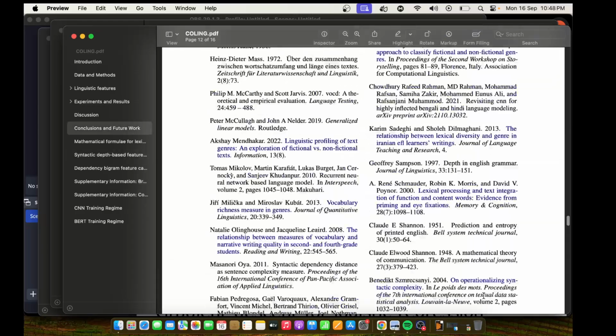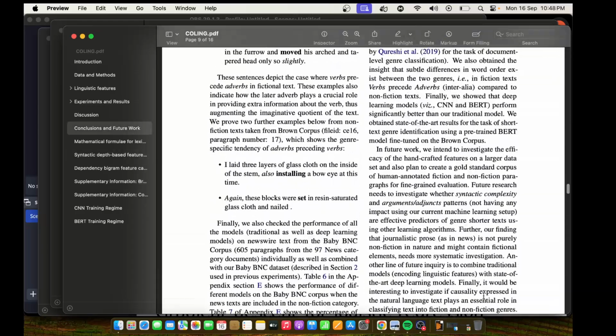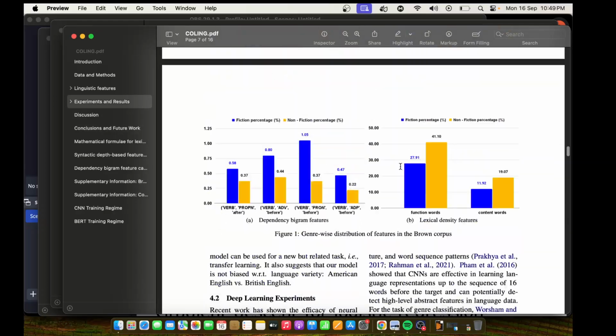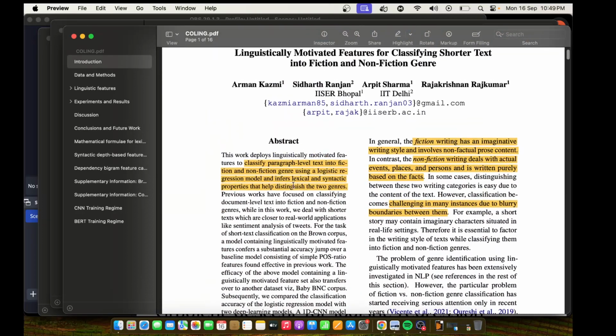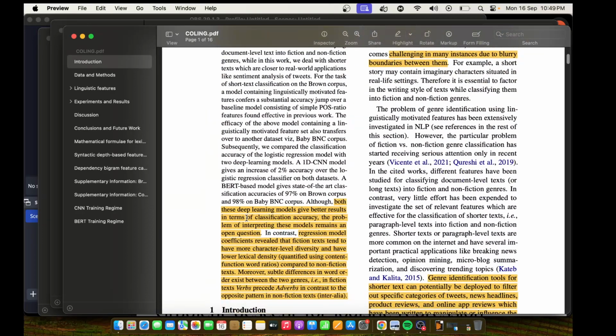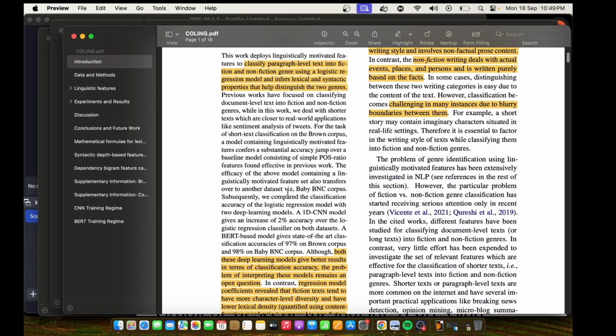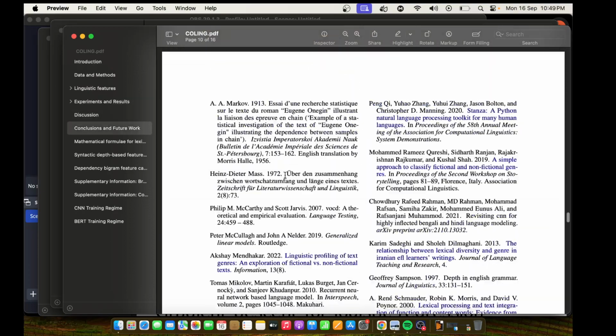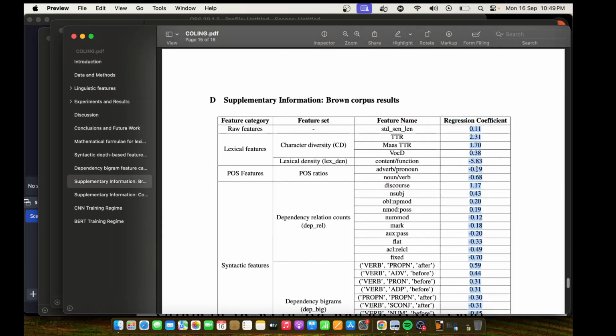So how do these features help? The author was able to conclude, if I remember the result correctly, using these features, if you have a positive weight, then you can say that the texts which are fiction have a very high mass TTR and a high TTR, and these are positively correlated.